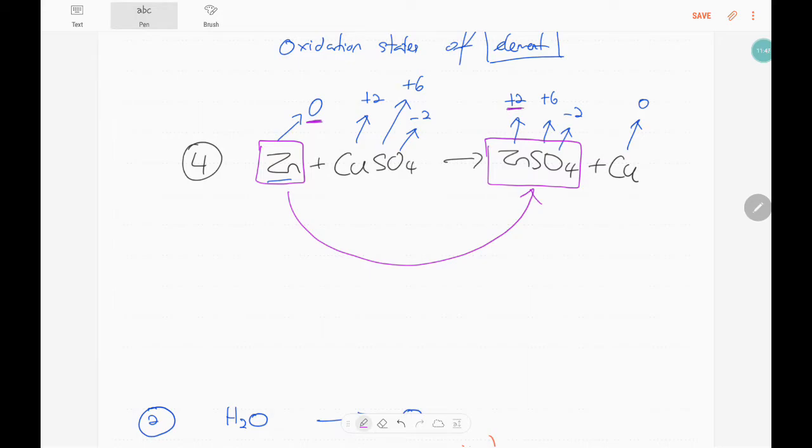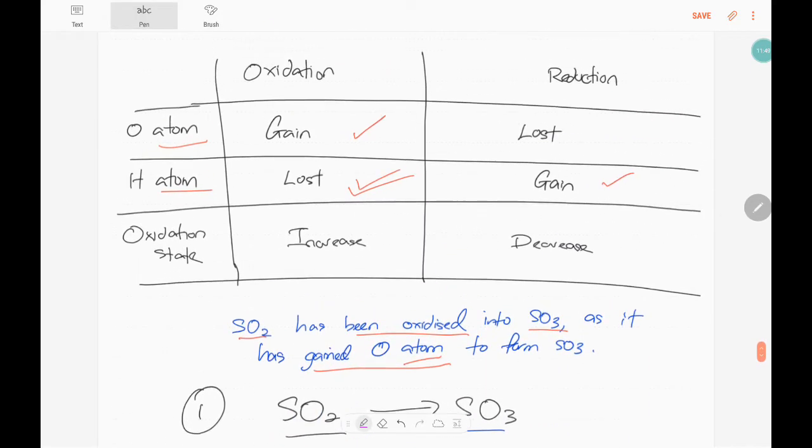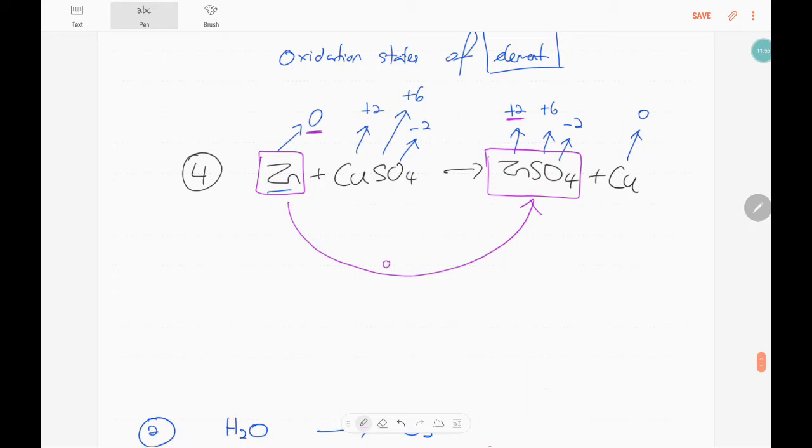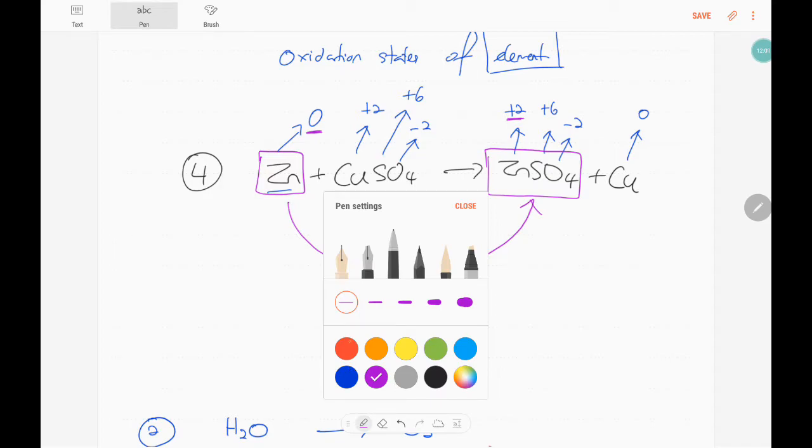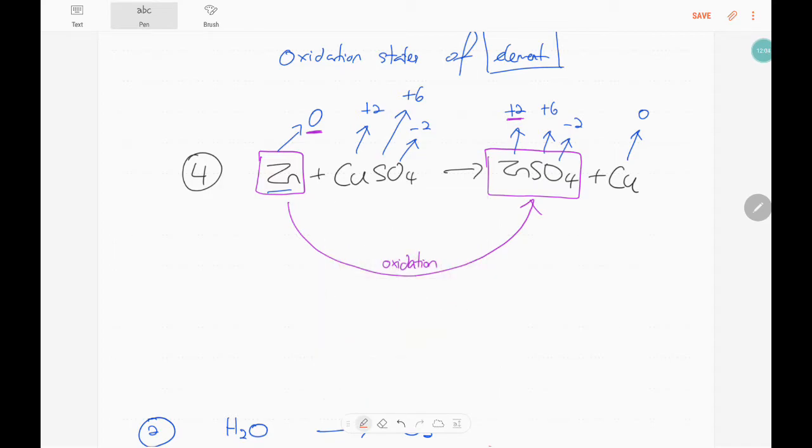It turns into +2. And remember, by definition, when there's an increase in oxidation state, we call it oxidation. So this is an oxidation reaction. My zinc has been oxidized into zinc sulfate because of an increase in oxidation state.